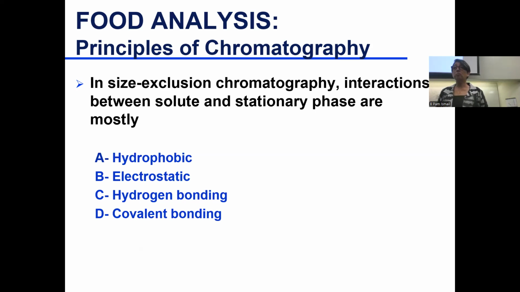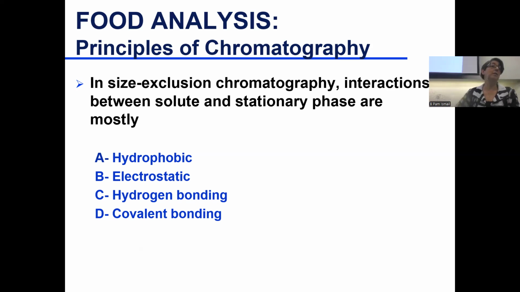I'm thinking none of them. None of them. There are no molecular interactions that happen. You still get your participation point, but no interaction. You actually want to select your stationary phase as inert as possible, so that the separation is solely based on size.